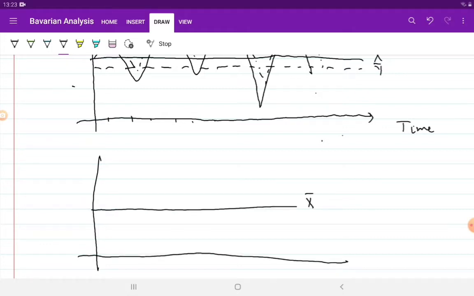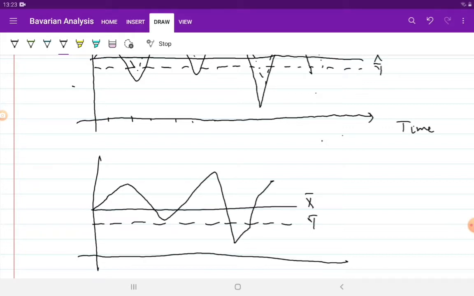So the solid line represents x bar, the dotted line representing y bar, and say your x series is approximately like that, and say your y series is on the other hand. Remember, the correlation need not be exact, but as you can see here, the dotted line is increasing when the solid line is decreasing. So this would be an example of a negative correlation.